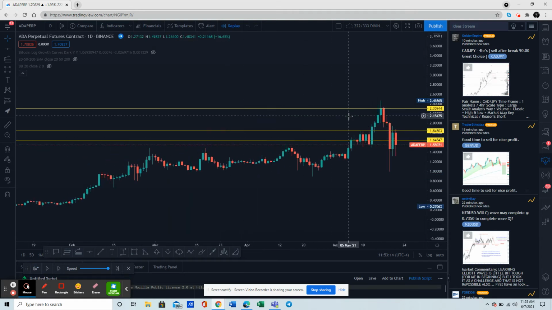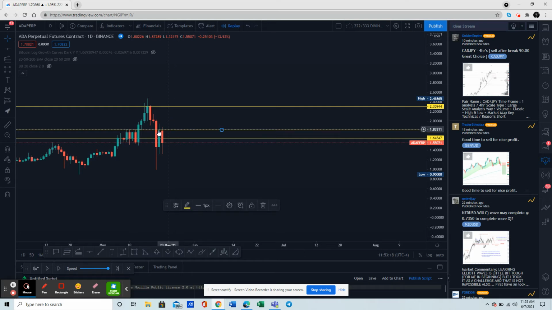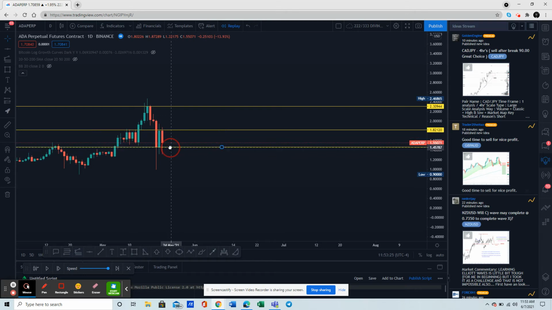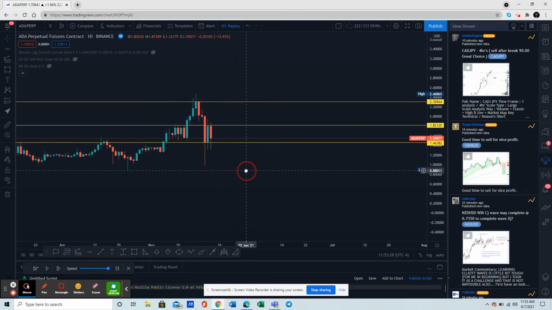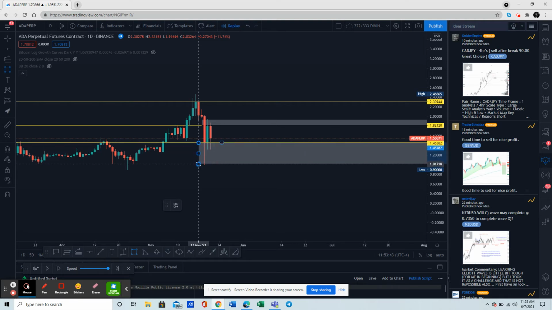Let's do that. Okay, so this is going to be resistance. And we'll make this our support. And then we're going to have a zone right here, and we'll have a zone right there. Yeah, you could come all the way down here if you want to.